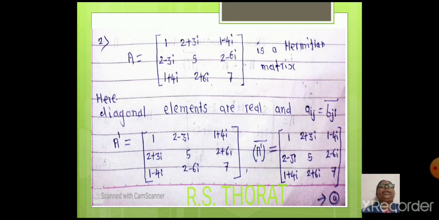So, first we calculate the transpose of this matrix, that is, we interchange only rows and columns of square matrix A. Then we take the conjugate of this transpose matrix, that is, A transpose conjugate equal to 1, 2 plus 3i, 1 minus 4i; 2 minus 3i, 5, 2 minus 6i; 1 plus 4i, 2 plus 6i, 7. Denote this matrix by A.